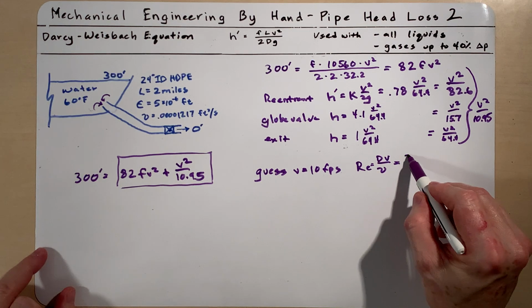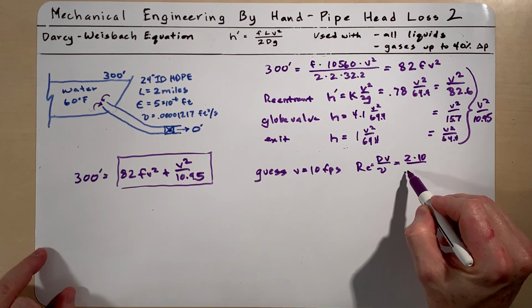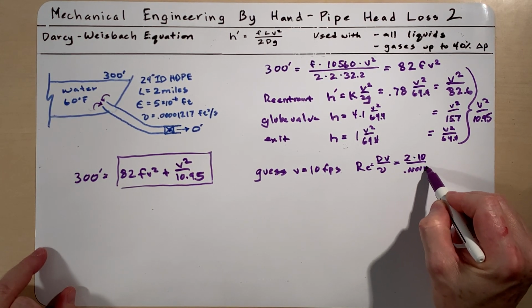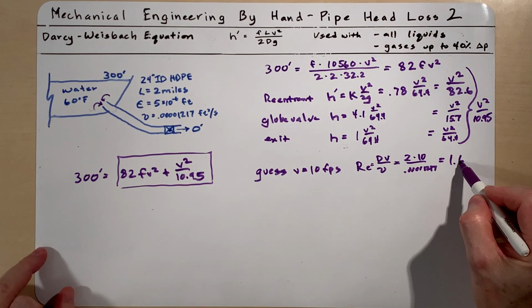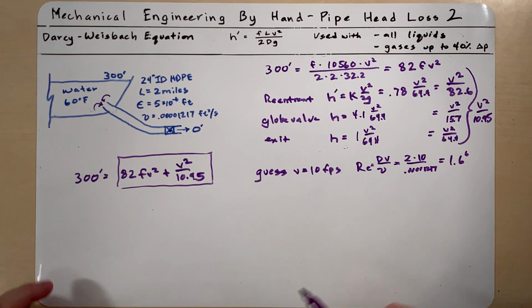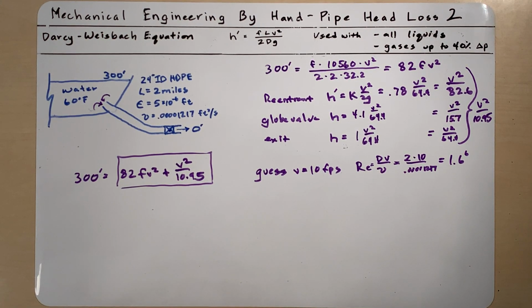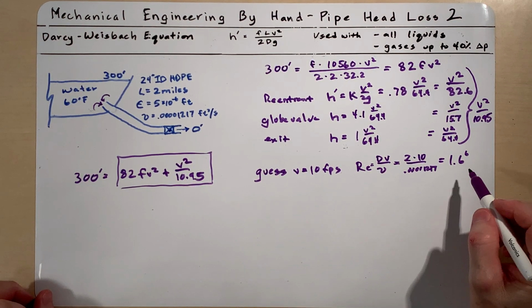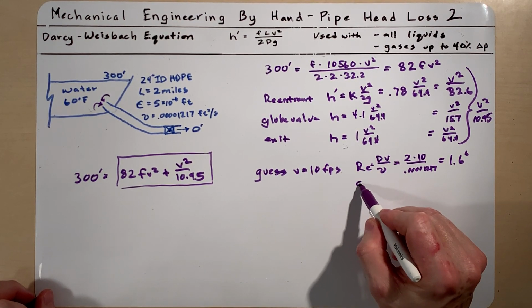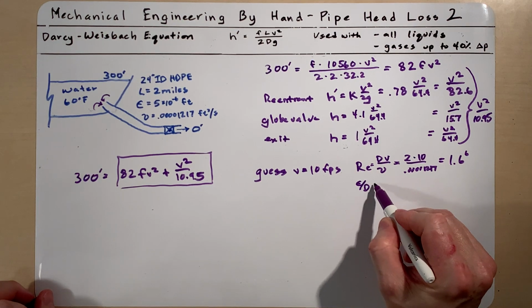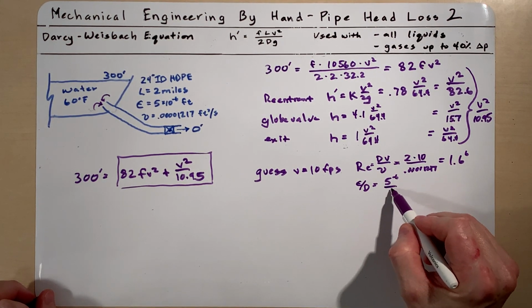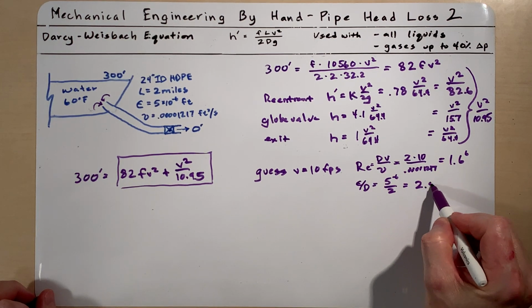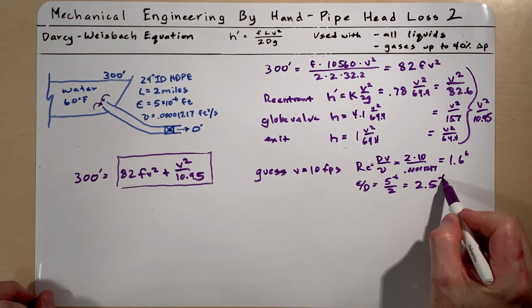So that equals 2 times 10 over 0.00001217, and that equals 1.6 times 10 to the 6, so 1.6 million. And we also need to calculate the relative roughness, E over D. So that was 5 times 10 to the negative 6 over 2, which is 2.5 times 10 to the negative 6.